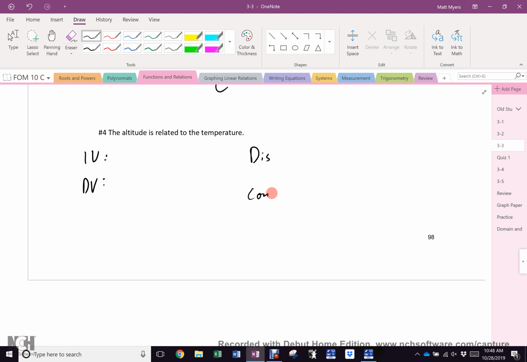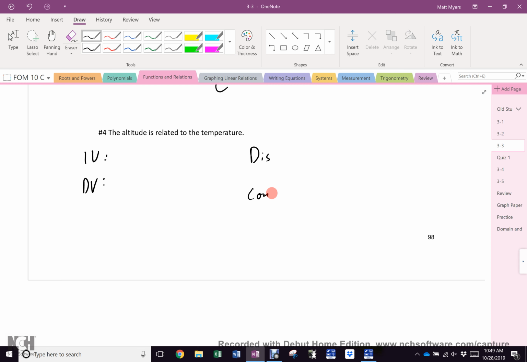Emma, I'm going to wait till you've stopped with the eyebrows before I actually call on you, because I can tell you're still thinking. Emma. You think the IV is temperature? And the DV is altitude?